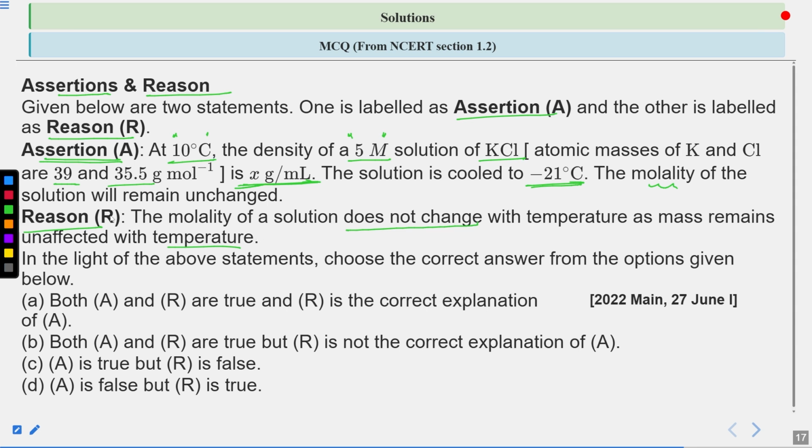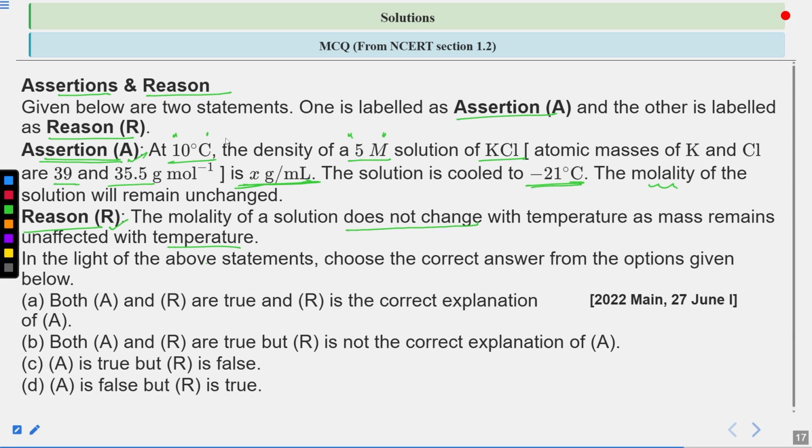So these are the two statements, assertion and reason. In the light of the above statements, choose the correct answer from the options given below. You have to tell the correct option on the basis of the two given statements. This question was in the 2022 mains examination.